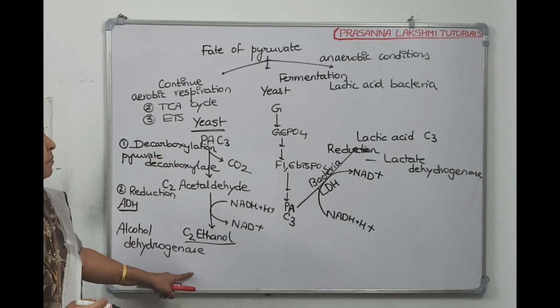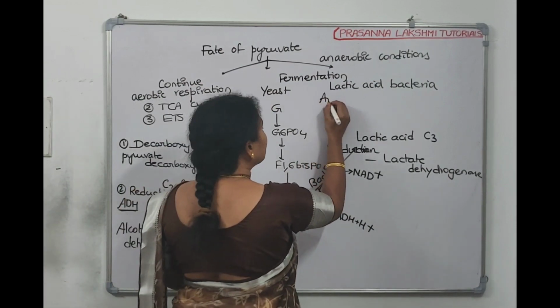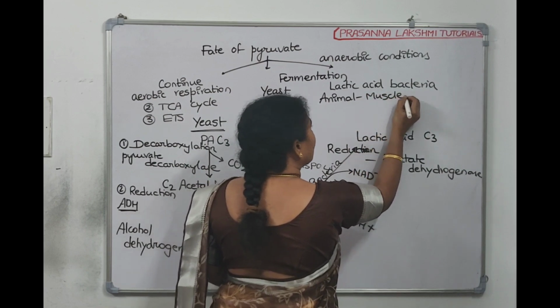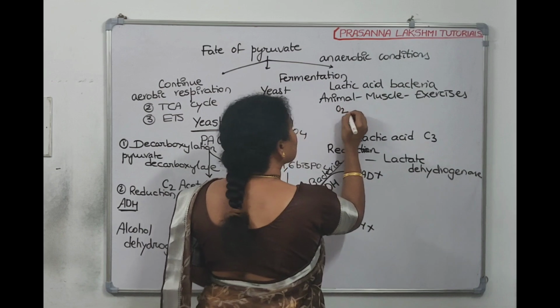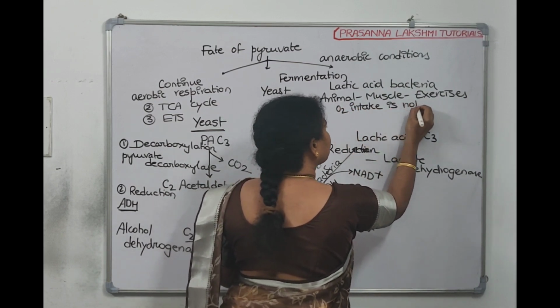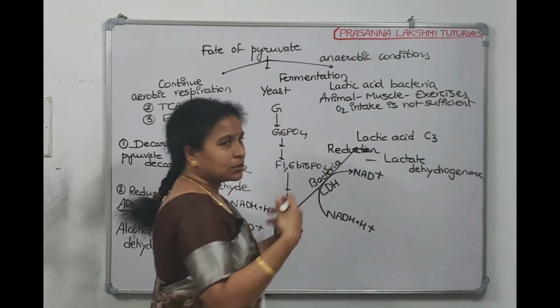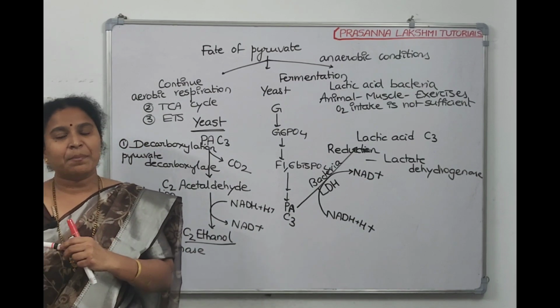Acetaldehyde is an intermediate. Whereas in lactic acid bacteria and in animal muscle cells, when we are doing exercises and the oxygen intake is not sufficient, anaerobic conditions build up in the muscle.